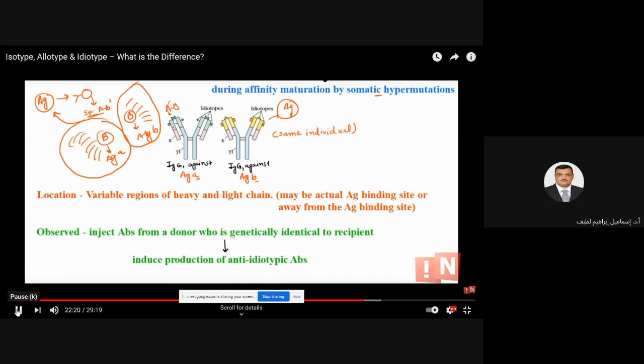It is the variable region of heavy and light chain. Sometimes it's not only the antigen binding site that can act as an idiotype. There can also be a site away from the antigen binding site which could act as an idiotype, because rearrangement of genes is happening in this variable region. So it can be any part of it.